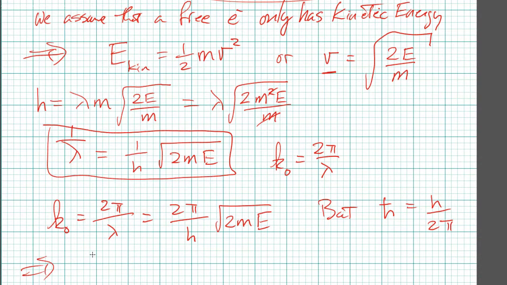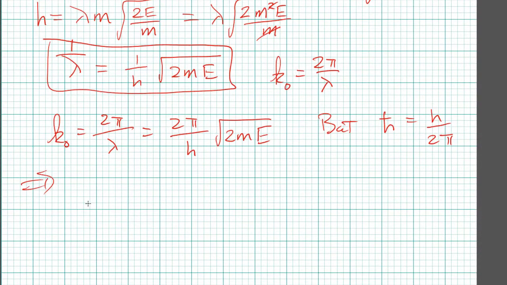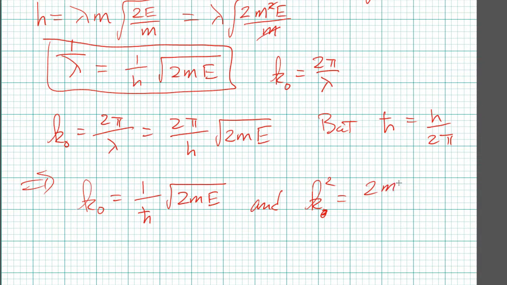So that means that k naught equals 1 over h bar square root of 2mE, and squaring both sides, k naught squared equals 2mE over h bar squared, which is the same result.